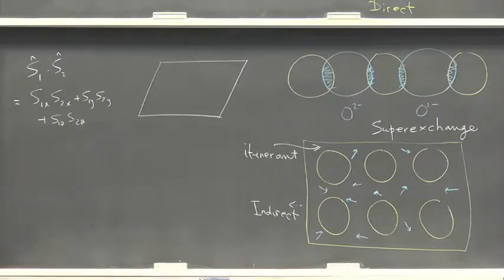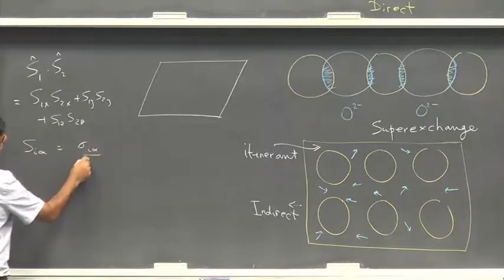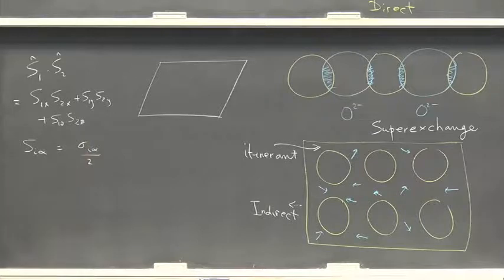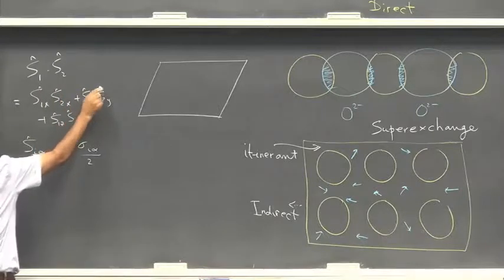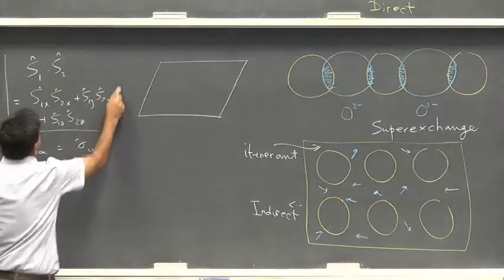And from your knowledge of angular momentum in quantum mechanics, you know that if these are spin half particles, then each one of these is proportional to the Pauli operator. So S_i alpha is sigma_i alpha over 2. So these are the Pauli operators, right? You can never escape quantum mechanics.